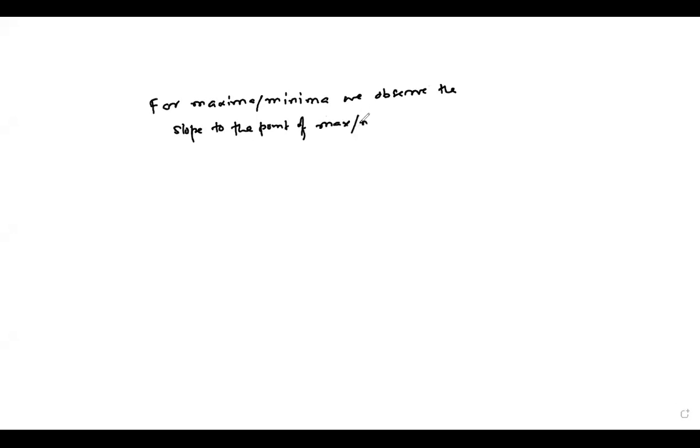We'll see. Our query is that for maxima or minima, we observe the slope at the point of maxima or minima as 0.